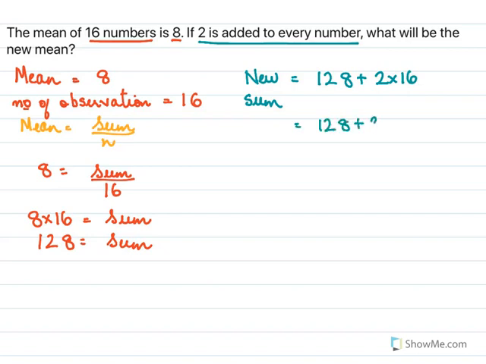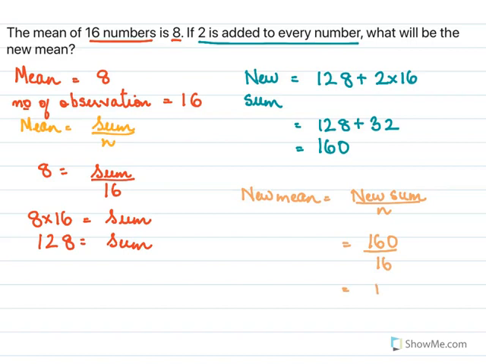So 128 plus 32 will be the new sum, which is 160. So new mean equal to new sum over number of observations. So new sum is 160 over number of observations is 16. So the answer is 10.